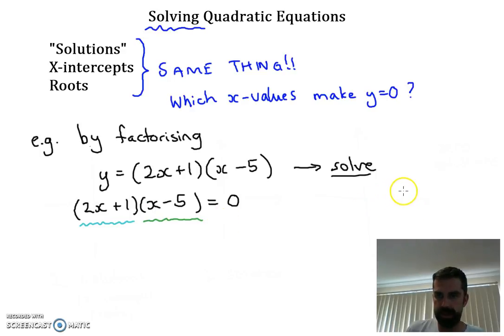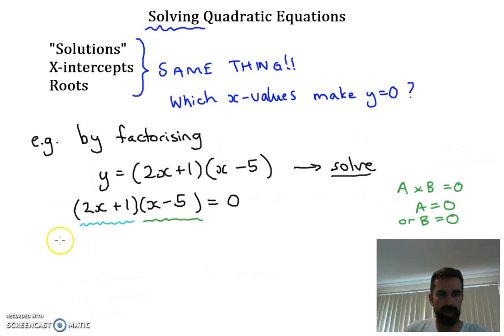Because if we were to imagine, let's say, some number a times some number b equals 0, there's really two possibilities here. Either a equals 0 or b equals 0. And it's the same here. We've got something in brackets times by something in brackets equals 0. The only two possibilities are either the first bracket equals 0 or the second one equals 0.